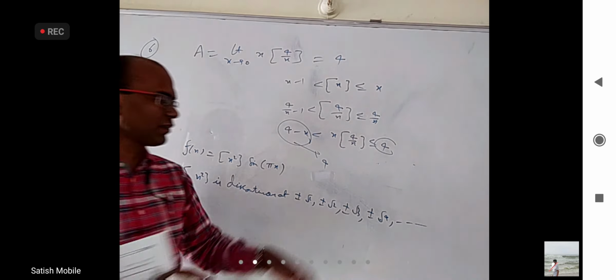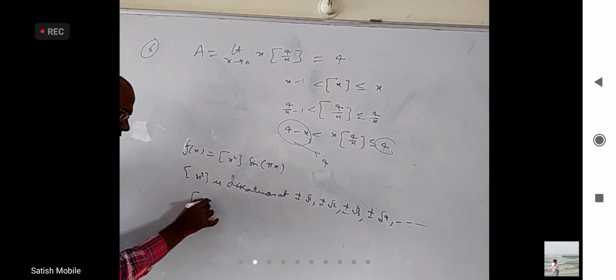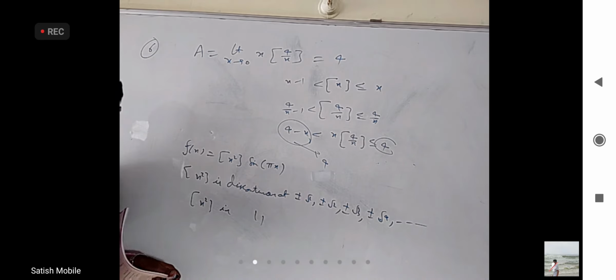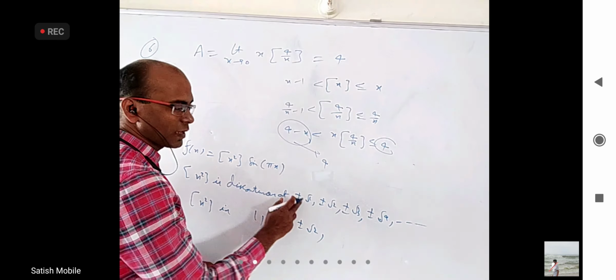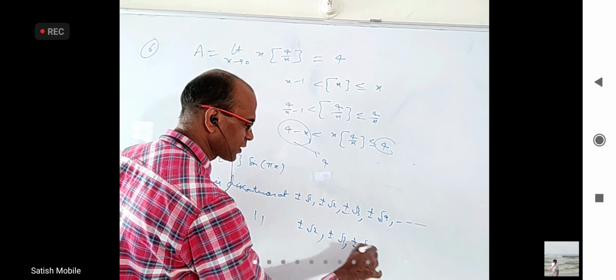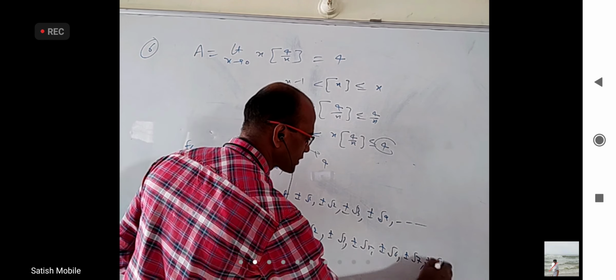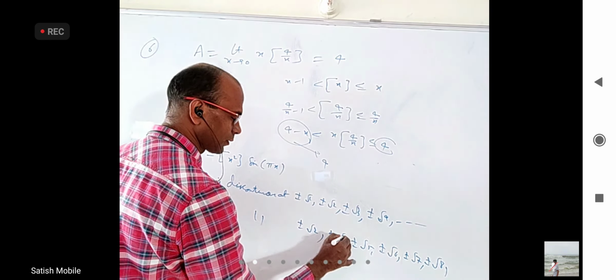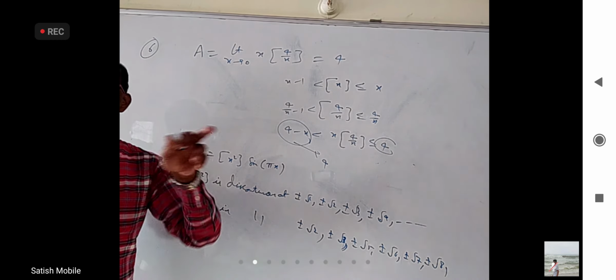They are only square roots of integers which are not perfect squares. Integer part of x square is discontinuous at plus or minus root 2, not plus or minus root 1, plus or minus root 3, not plus or minus root 4, next plus or minus root 5, plus or minus root 6, plus or minus root 7, plus or minus root 8, but not plus or minus root 9. Root of an integer, and that integer should not be a perfect square.